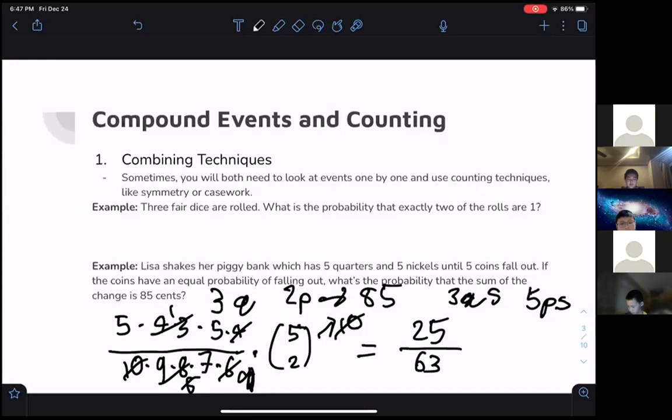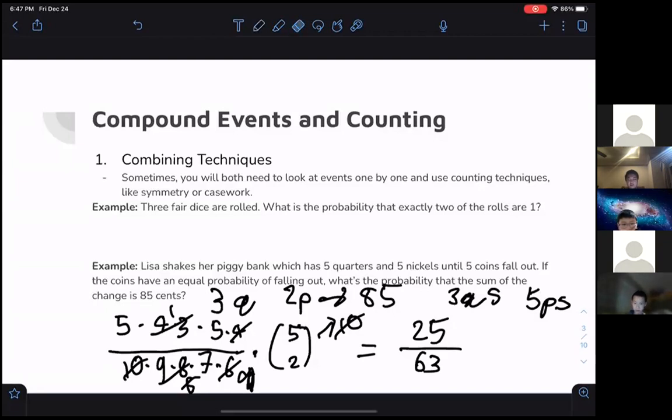I think noticing how many coins have to fall out isn't too bad, but you must account for the symmetry in arranging the quarters and nickels.